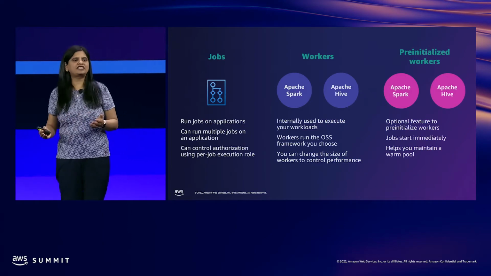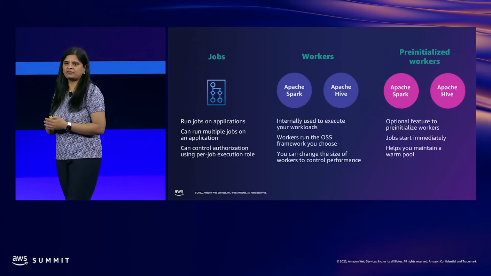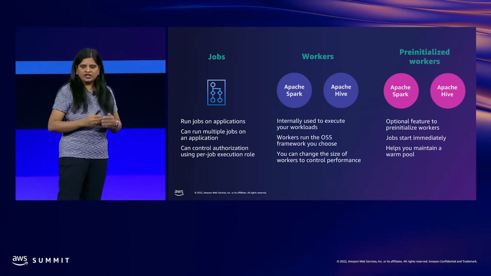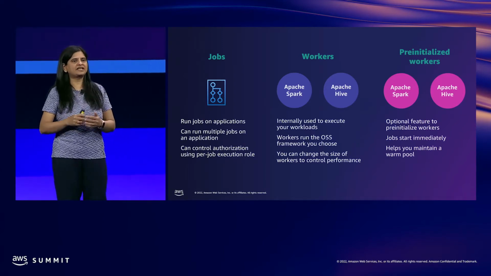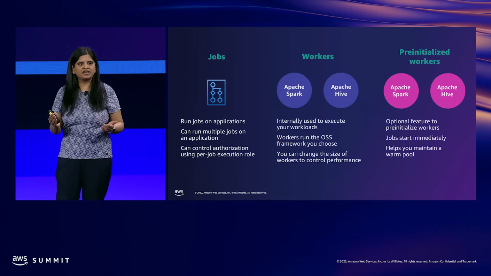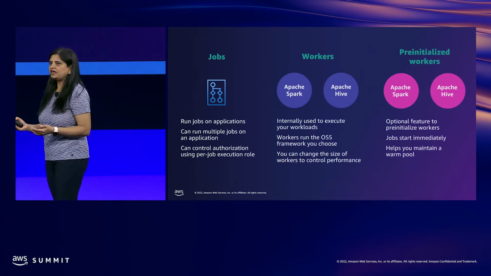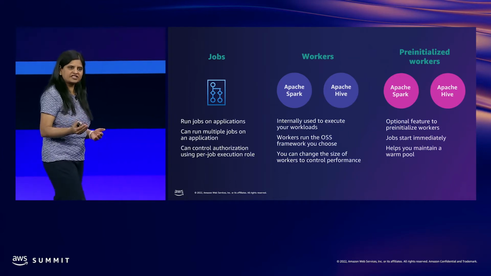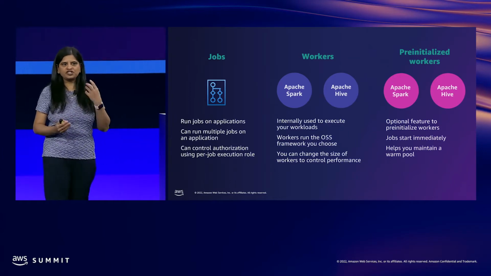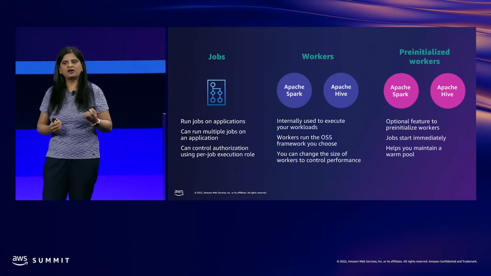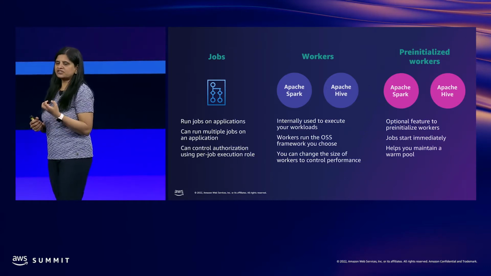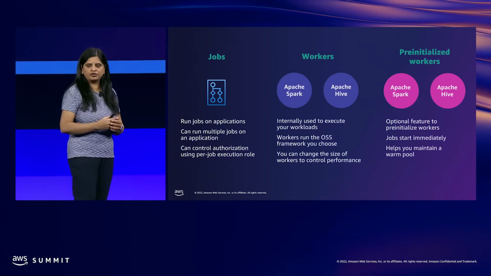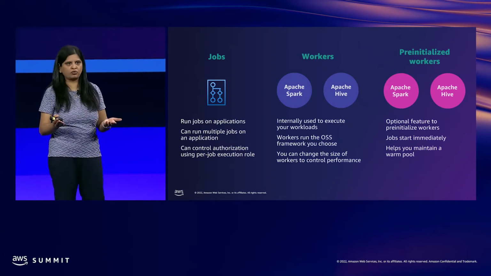A job is nothing but a request made to EMR Serverless that is tracked through completion. You can run multiple jobs on a single EMR Serverless application. Each job can be run with a specific IAM role. The jobs themselves are run on workers. Workers is a concept that EMR Serverless uses internally to execute your workloads.